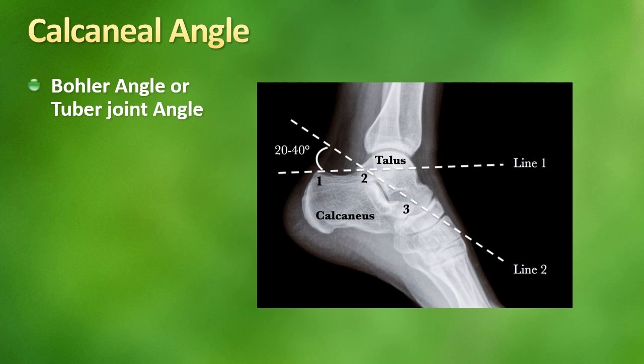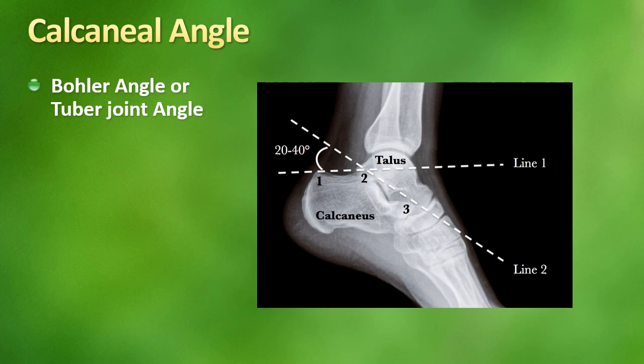Now, after the radiographic projection, the second most important thing is knowledge about calcaneal angles. There are two very important calcaneal angles which you should know about. They are also very important from your pre-PG exam point of view. The first one is the calcaneal angle or tuberous joint angle or Bohler's angle.